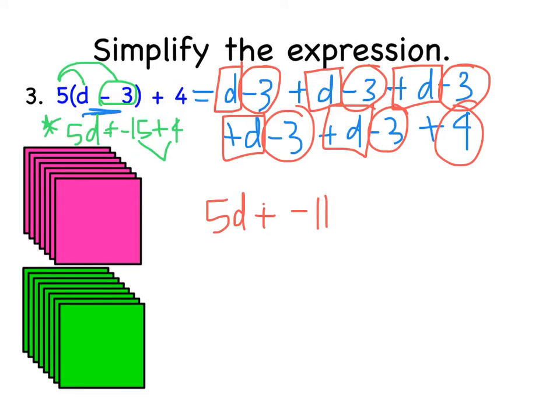I can combine those 2 terms to get -11, and you see that we have the same result: 5d plus negative 11. So using the distributive property is going to help us simplify the expression a whole lot faster with a whole lot less evidence we have to show.